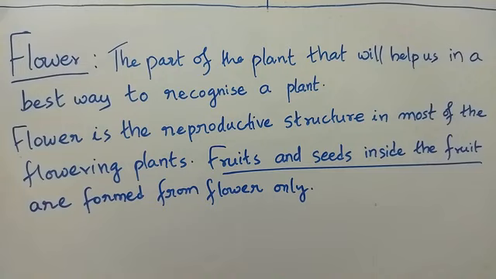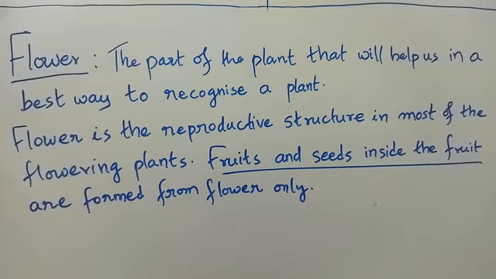In most of the plants, flowers are present as single flowers or solitary flowers like hibiscus, rose, lily, jasmine, etc. Whereas in some plants, flowers are not present as single flowers.